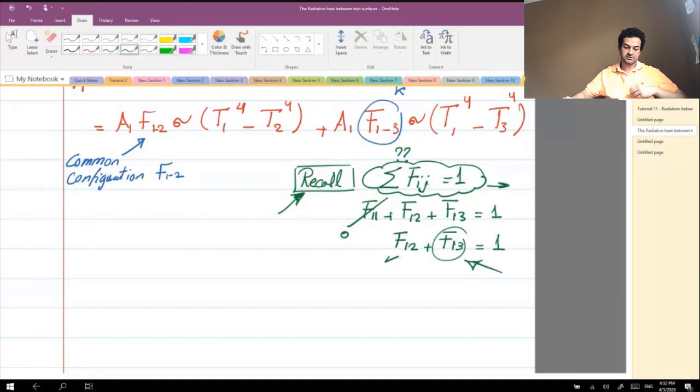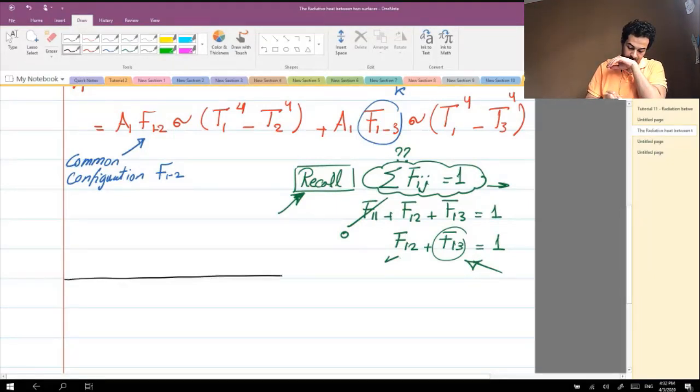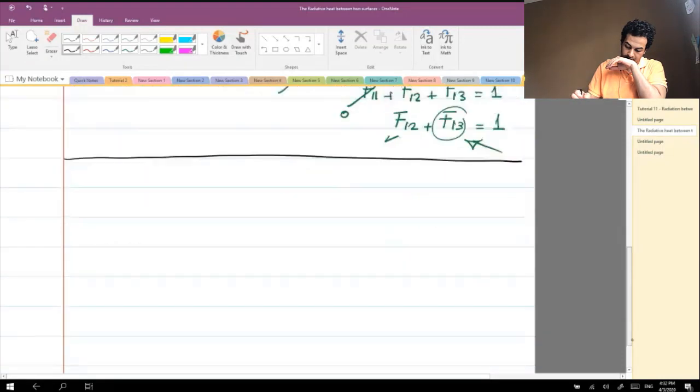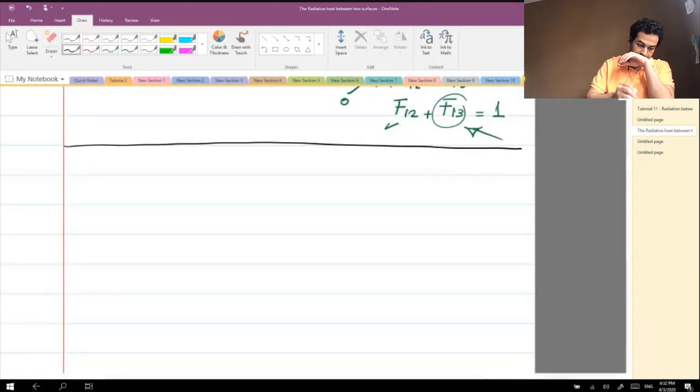And also the third thing that I would like to talk about is the two surfaces enclosure.